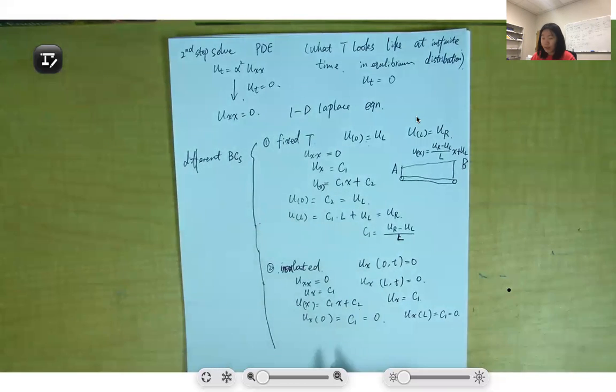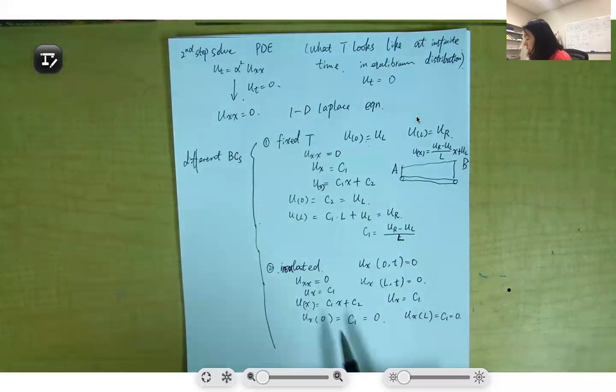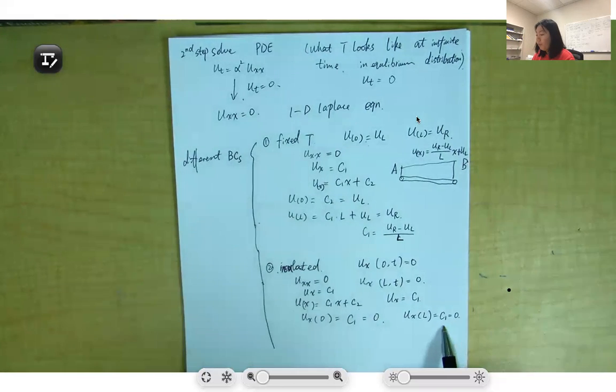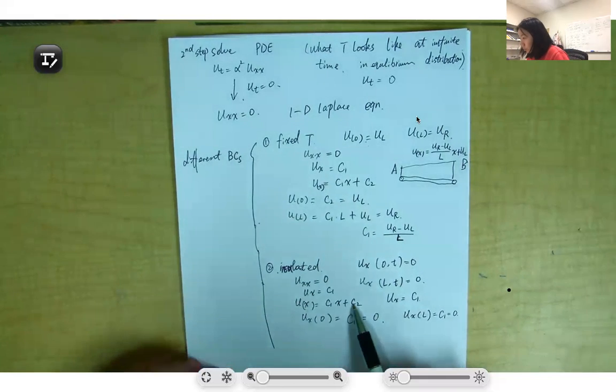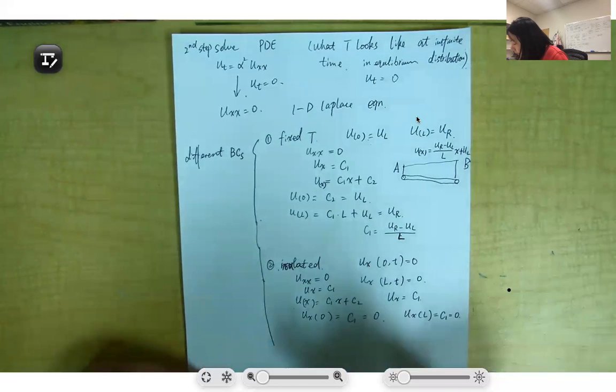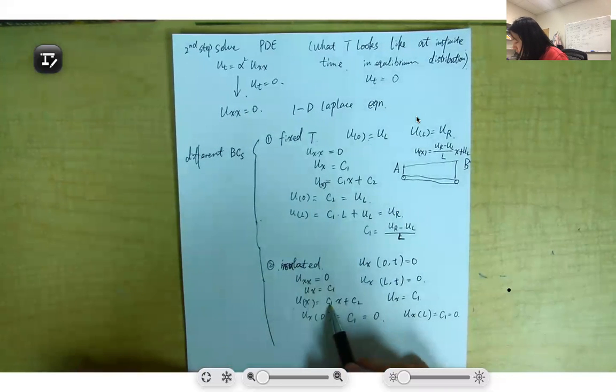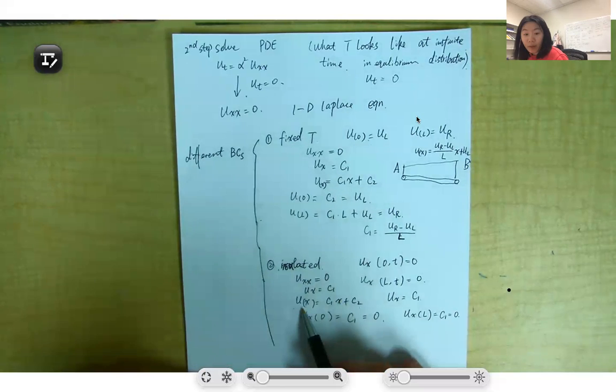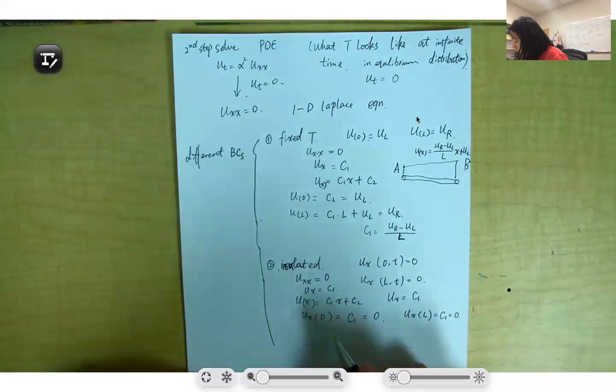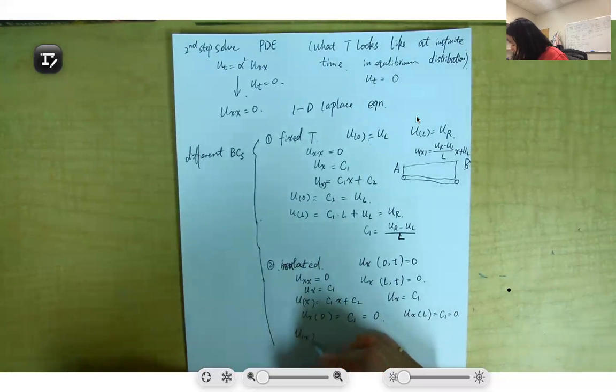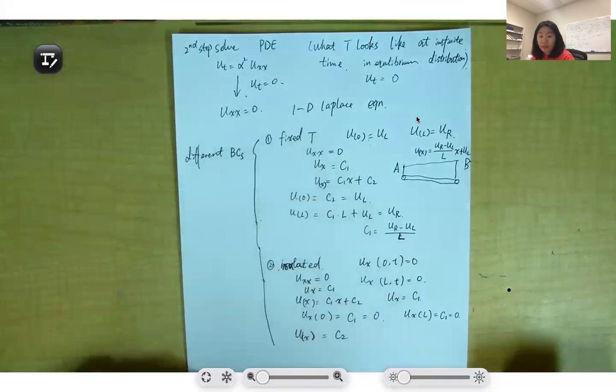So those boundary conditions give you that the constant C1 equals 0. Then how about our C2? Since C1 equals 0, my temperature as a function of x, U(x), should be equal to C2, a constant temperature.